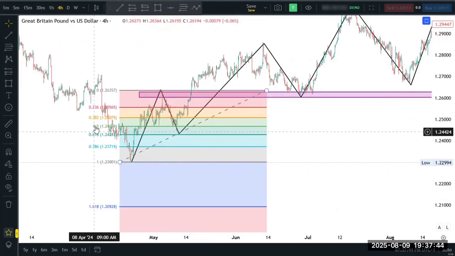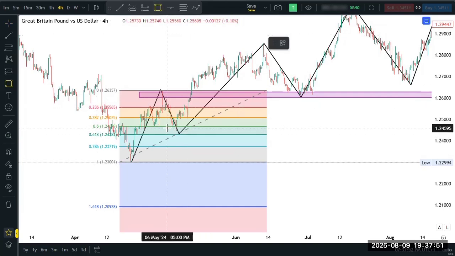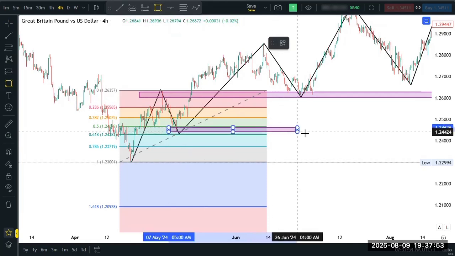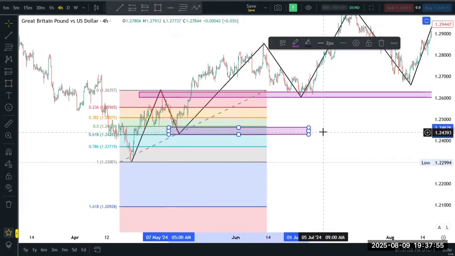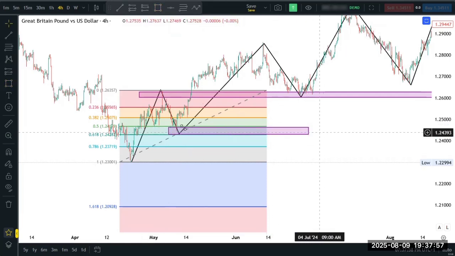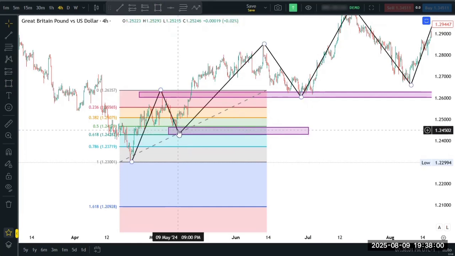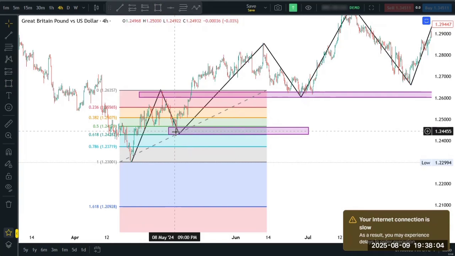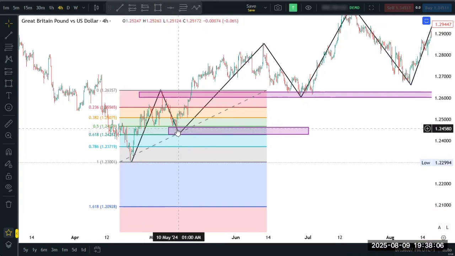So in between this 50 and 61%, it is known as our golden zone, and price will reverse around that particular level. So many traders will wait for price to fall into this. Now there is not a must that price must fall here, but most times price comes back into this particular level.